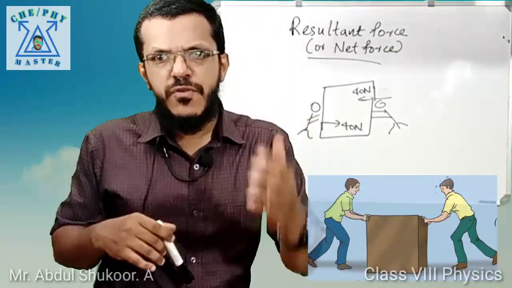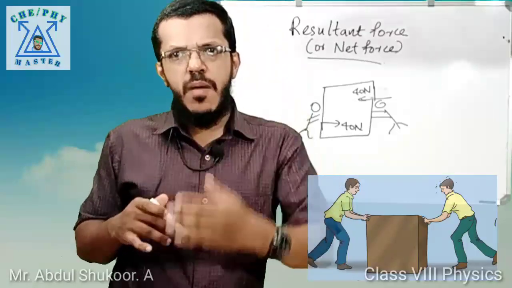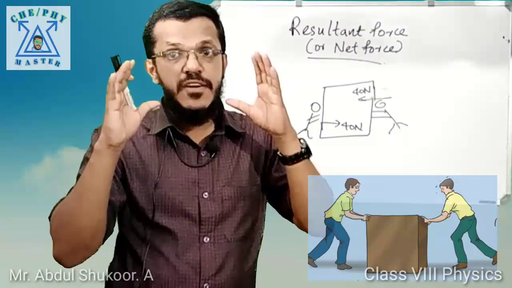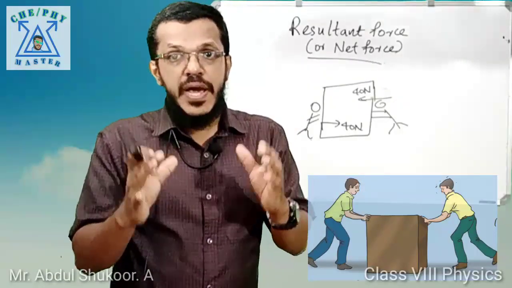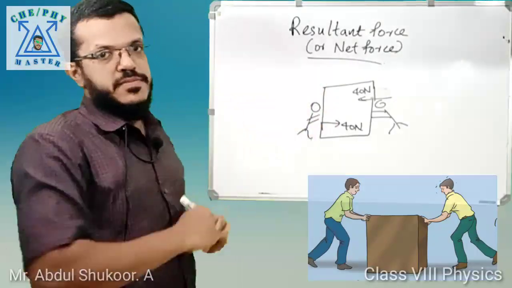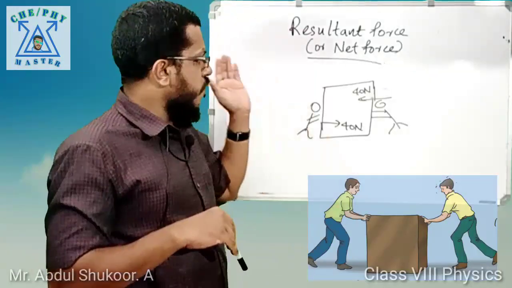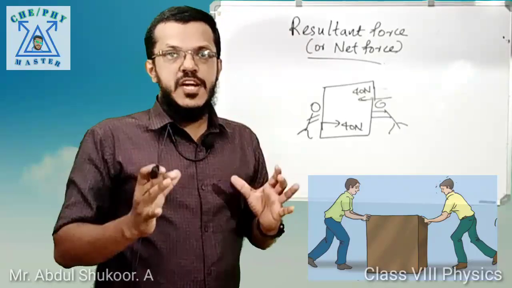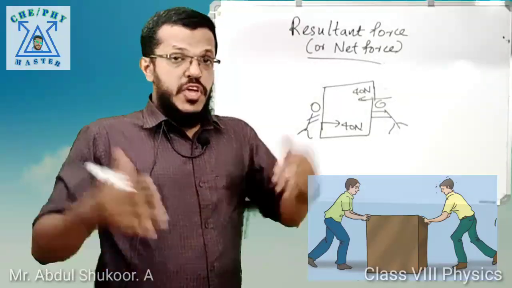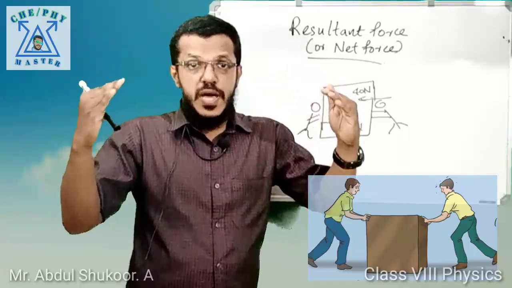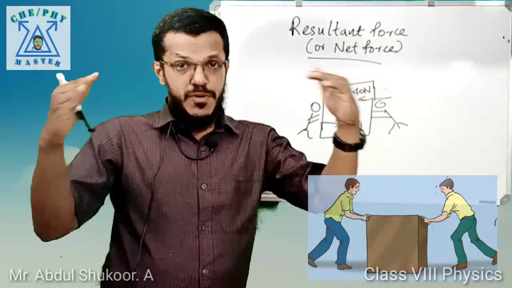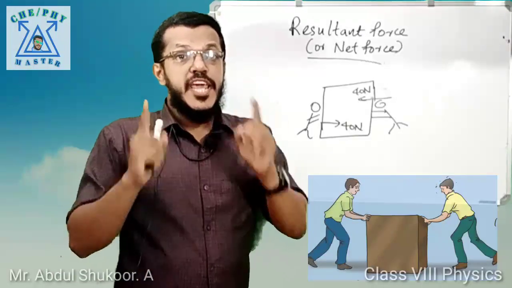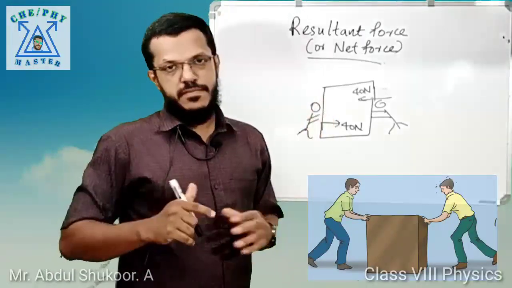Since both of the forces are applied on the same object but in the opposite direction, the resultant force is calculated by the difference of these forces. That means one force is subtracted from the other force. That is the method to calculate when two forces are applied on the same object in opposite directions; we calculate the resultant force by taking the difference of these two forces.